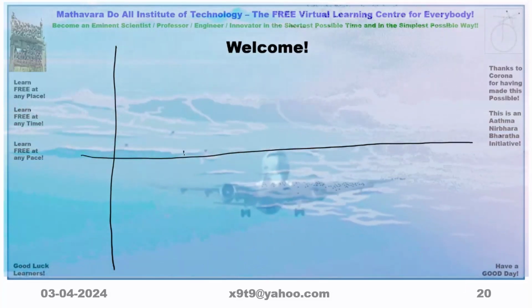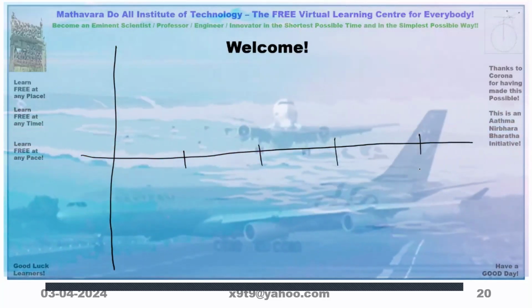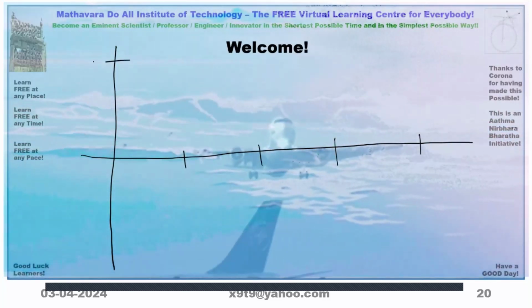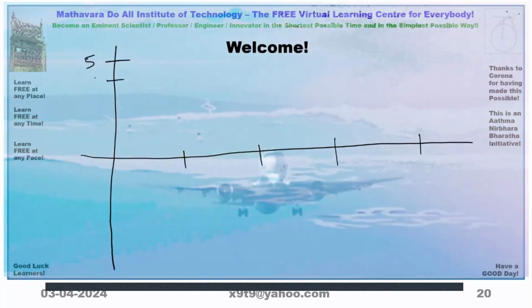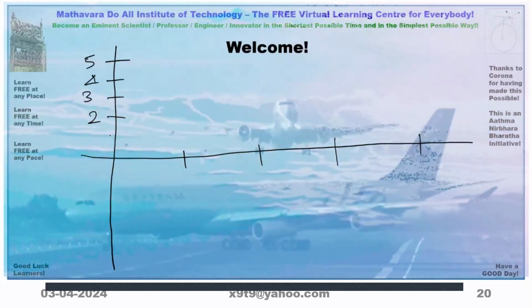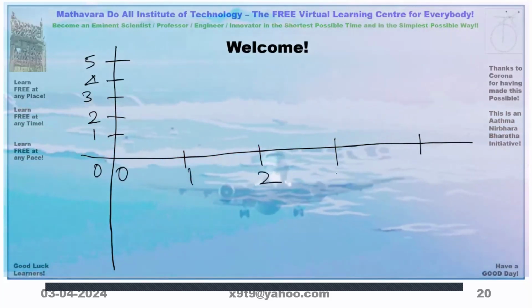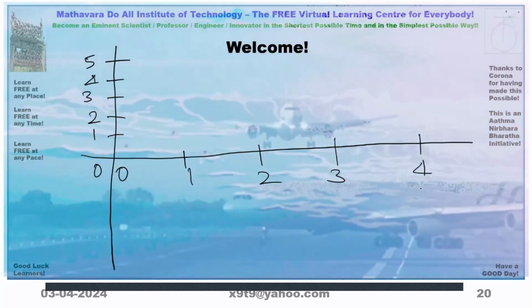So, suppose it is 0, 1, 2, 3, 4. And here we had up to 5. So maybe this is 1, 2, 3, 4, 5 on the y-axis and 0, 1, 2, 3, 4 on the x-axis.